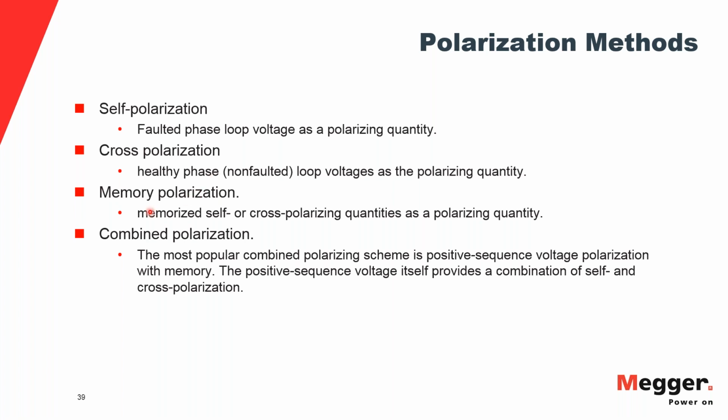In other cases, they use memory polarization. One of them is memory self-polarization, which, at the moment of the fault, goes back one cycle or two or three, depending on the algorithms that you're using, and uses that value of the voltage that resides in the memory as the polarizing quantity.